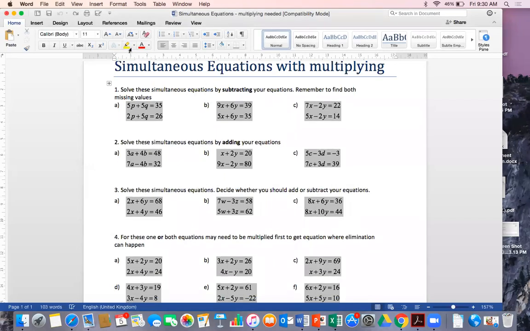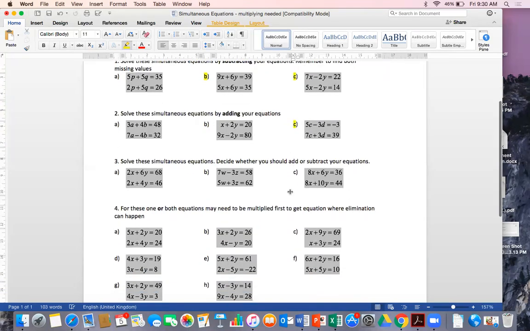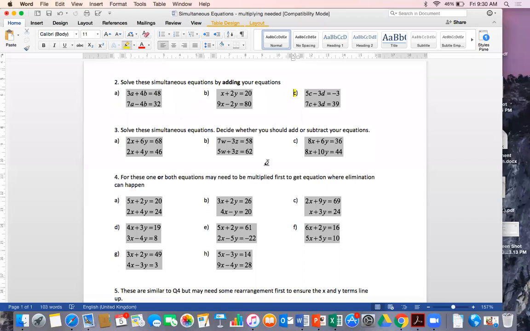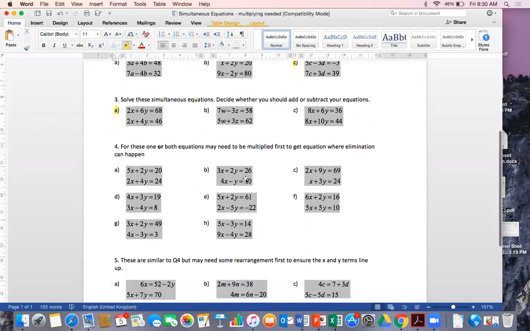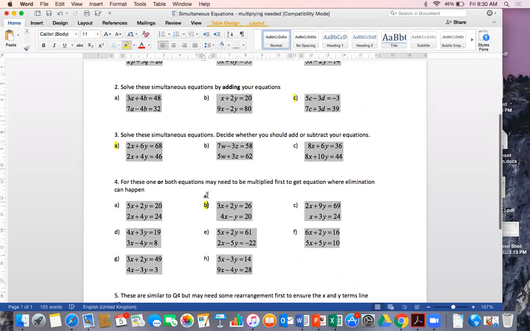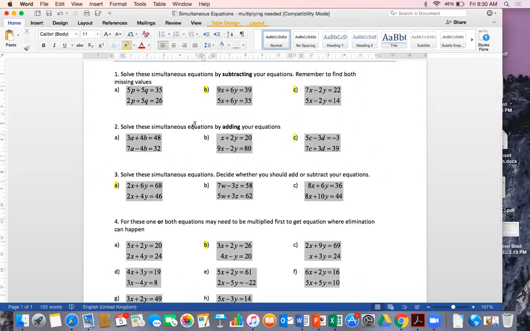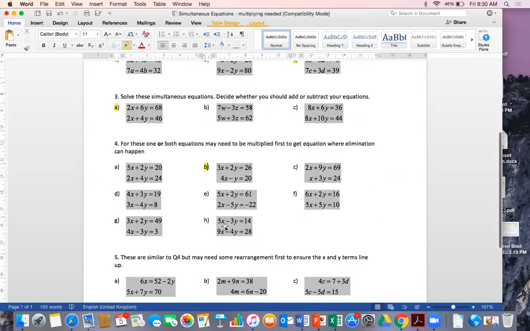Number 1, B and C. Then number 2, C. Number 3, A. Number 4, B, E, F.